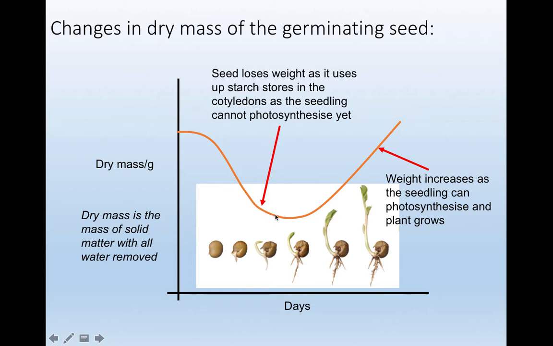Seed loses weight as it uses up starch stores. Photosynthesis begins, the plant will start to grow, and its carbon content will increase again as the plant grows.